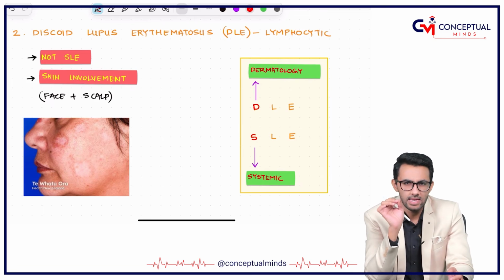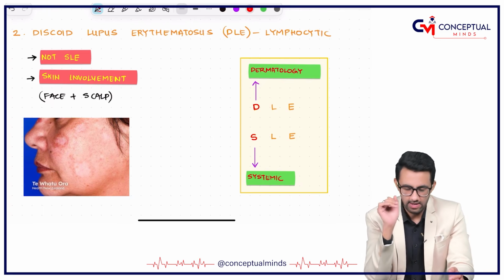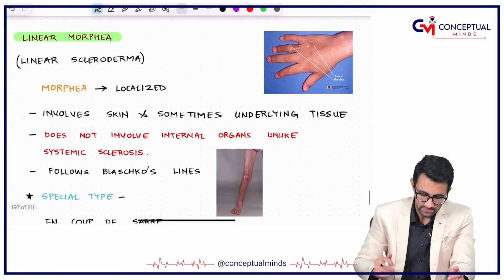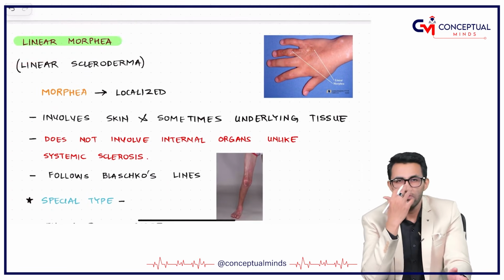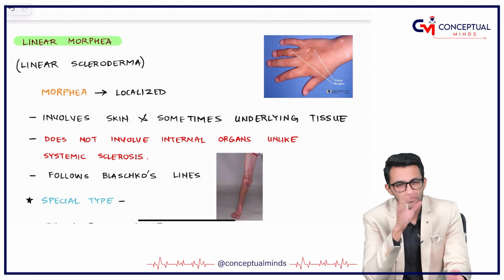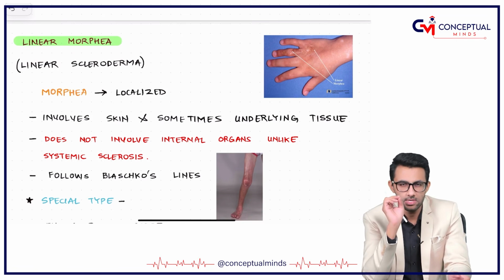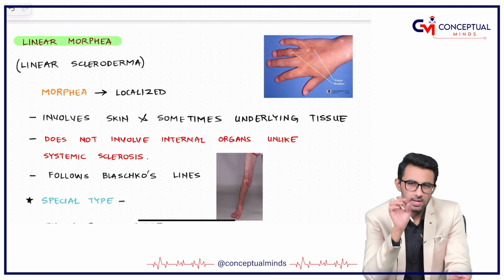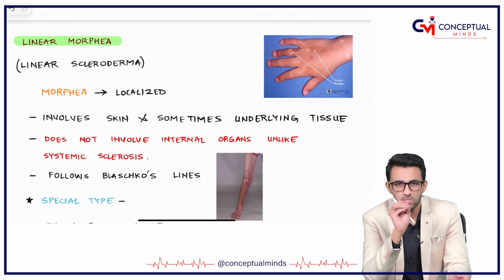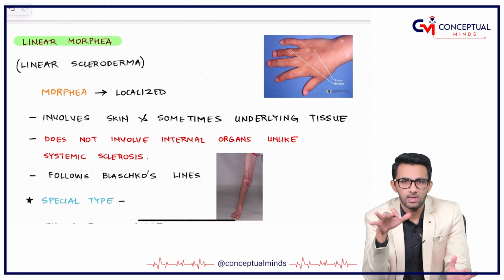Next up we have linear morphea. So let us start with that. Over here I just want to tell you one point, and everything will be taken care of. You guys must have read about scleroderma. In scleroderma, a particular molecule is deposited in a lot of places in our body. That is the reason the whole mayhem occurs.